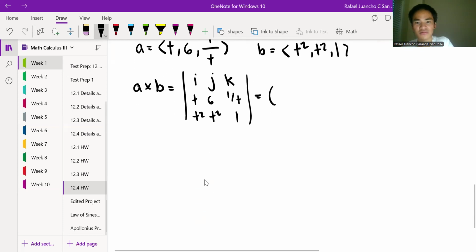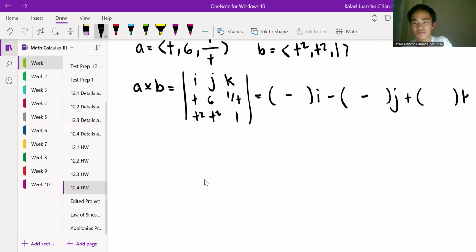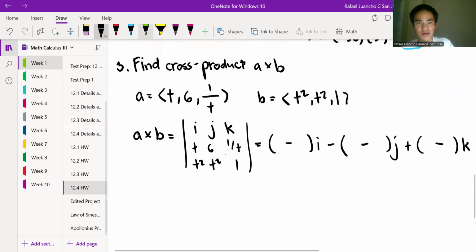And this is what? I subtract there, minus j, plus k. Okay, so for our i, what do we have here? We have 6 times 1 is 6. T squared times 1 over t, that's t.